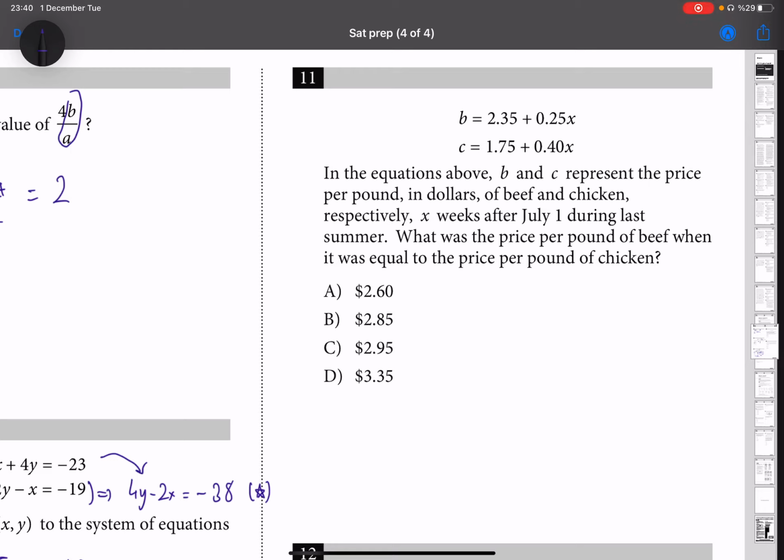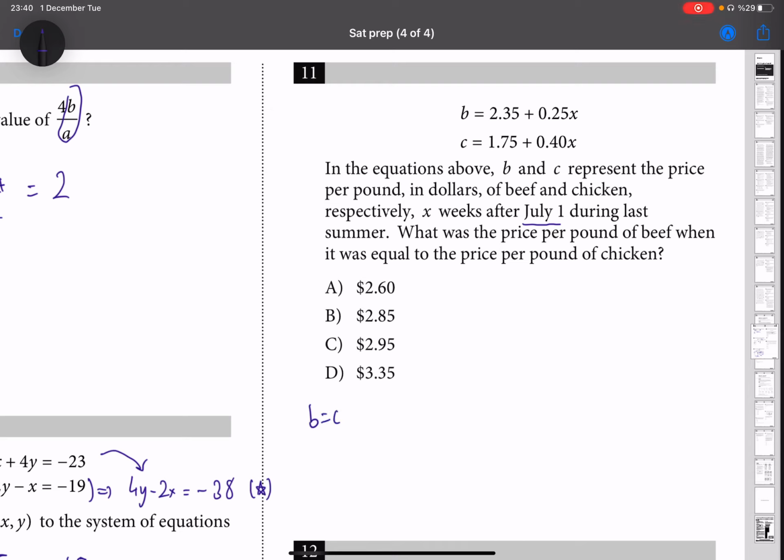So at the beginning, I have to find at what week after July 1 the price of beef and chicken is equal to each other. So let's write it down. B and C should be equal to each other. So 2.35 plus 0.25x equals 1.75 plus 0.4x.